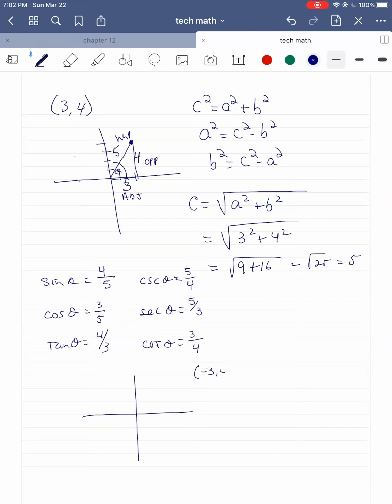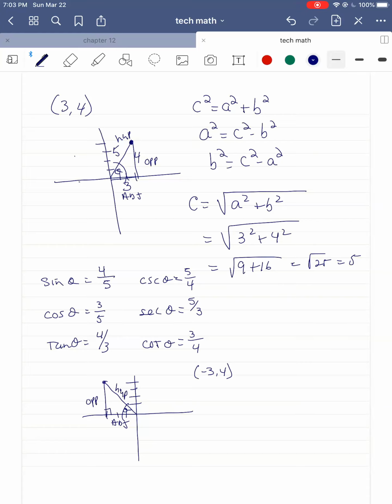So if my ordered pair is minus 3, 4, that's going to put me over here in quadrant 2. So minus 3, 4. There's my angle, or triangle right here. There's theta. This is my adjacent side. This is my opposite side.